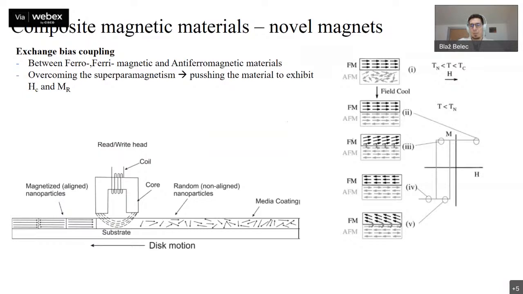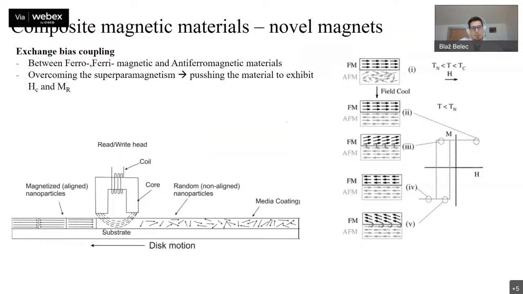As I said, superparamagnetic materials don't have coercivity or remanent magnetization, so no spontaneous magnetization. So we somehow push spontaneous magnetization into the material. This is very important, especially in the storage media industry.